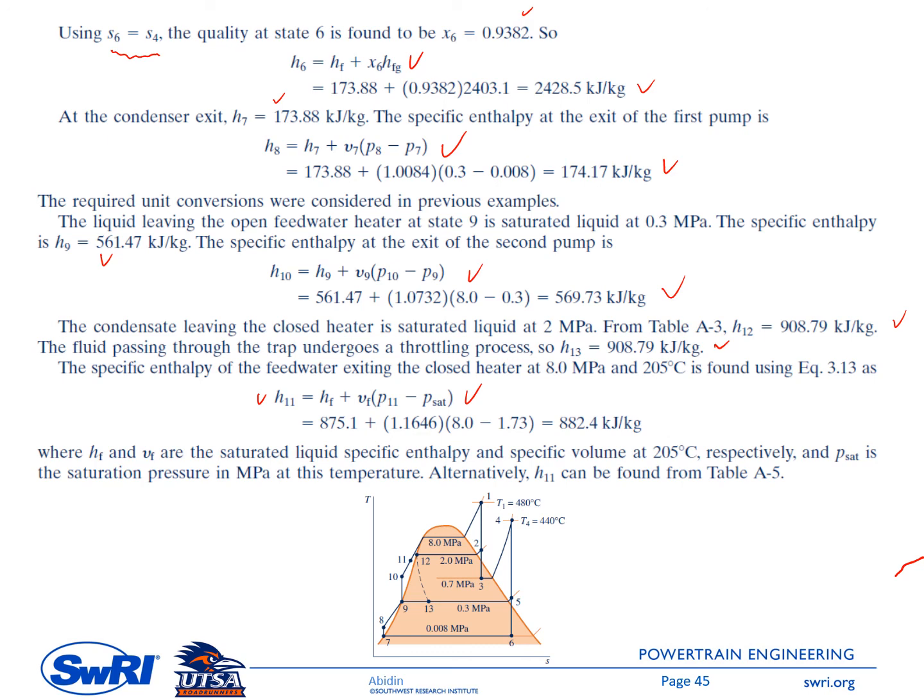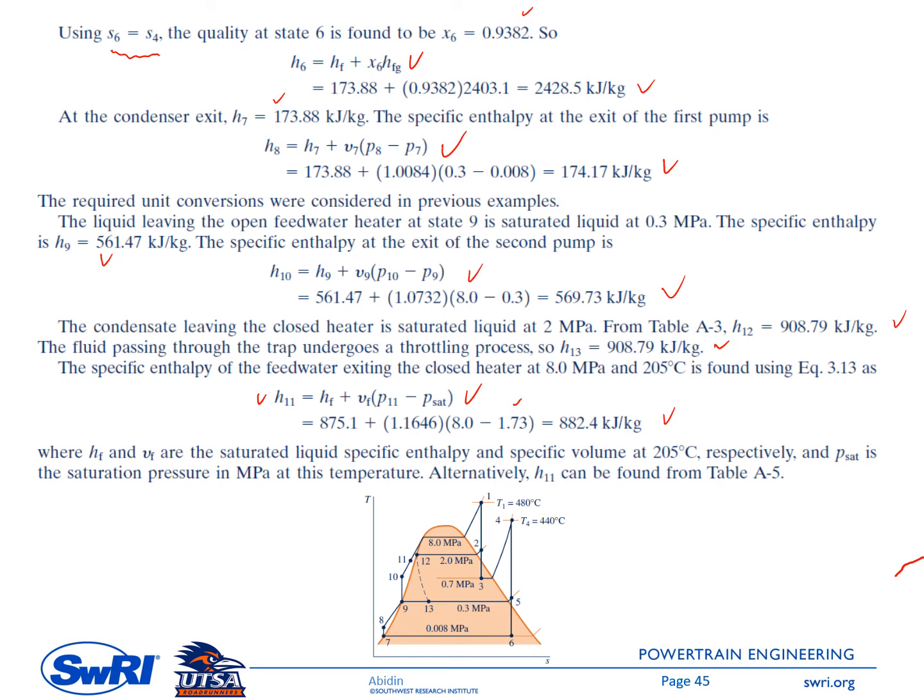So this is the enthalpy at the saturated liquid at the corresponding temperature, 205, and then plus VF. VF here is the specific volume at the saturated liquid at the corresponding temperature, 205 degrees C, times the corresponding pressure, so P11, which is 8 megapascal, minus saturated pressure at the corresponding temperature. In this case, the saturated pressure at 205 degrees C is 1.73 megapascal. And then you should be able to get this H11.